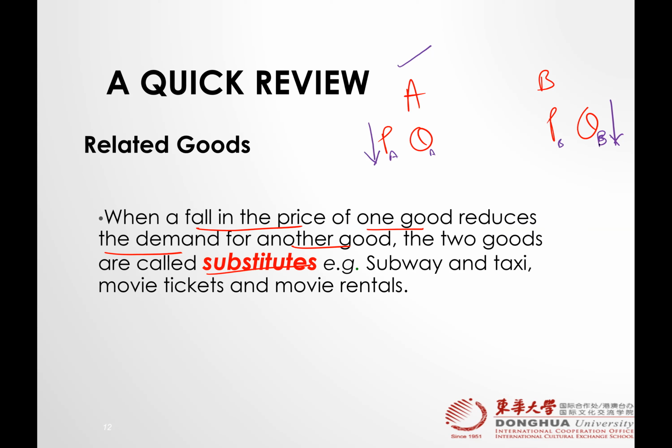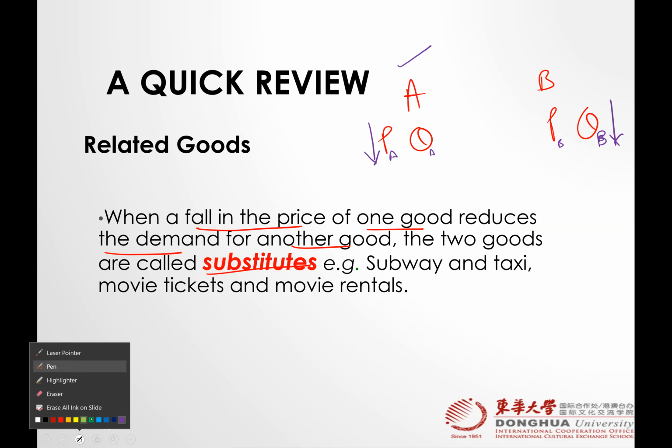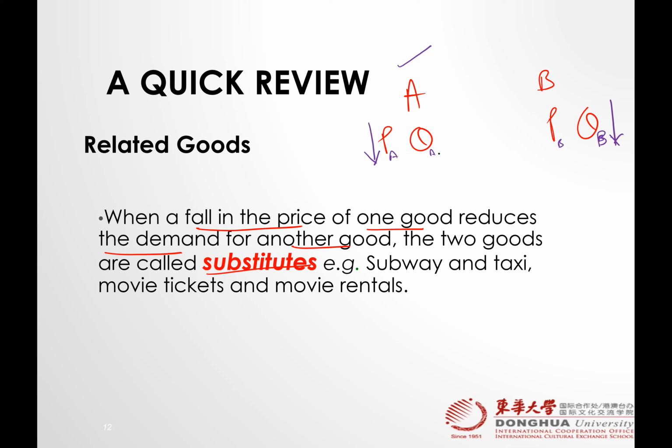Now the question arises, sir, how is it going to be related with the law of demand? So the law of demand states that when the price decreases, quantity increases, right? So here what happened with this structure?